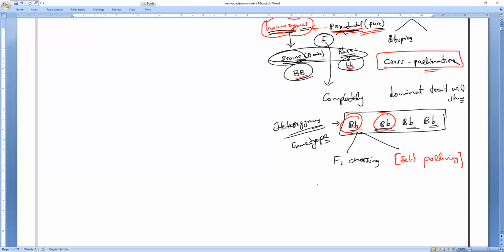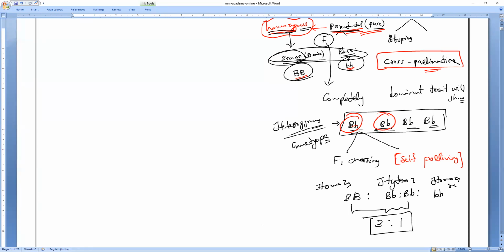In this, what do we get? Homozygous dominant one, capital B capital B, two heterozygous dominant, capital B small b and capital B small b, and again one homozygous recessive, small b small b. These three are considered dominant, so we write 3:1.